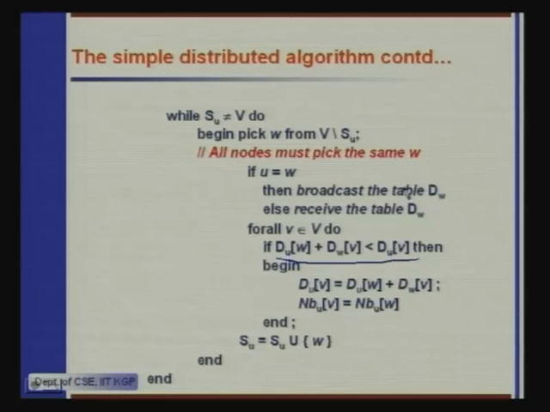Okay. Now, to understand how we can forward the table dw to only those nodes for which duw is not infinity, let us first look at one lemma. So, the one that we are going to look at is as follows.